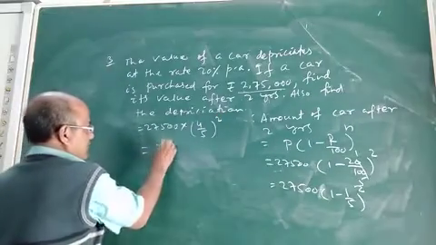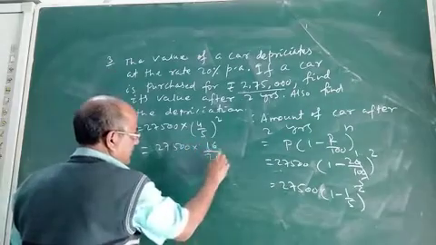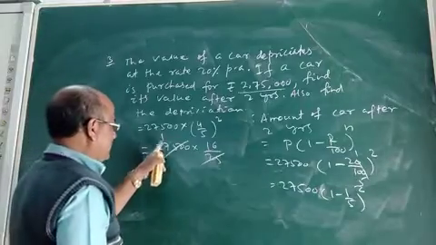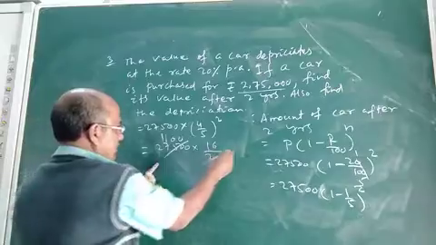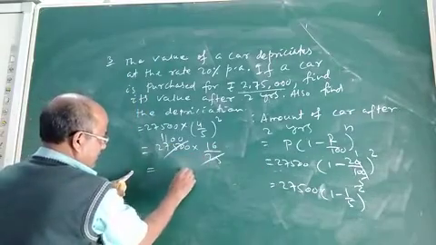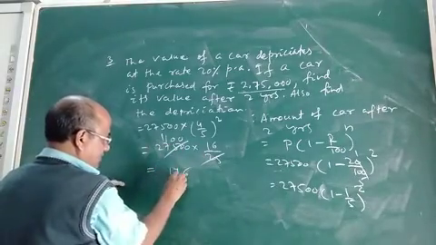So it is 27,500 into 16 by 25. Now do cancellation. 25 1 is 25, 25 2 it is 1100. So 16 into 1100, how much will it be? 11 6 is 66, carry 6, 11 1 is 11 plus 6, 17.